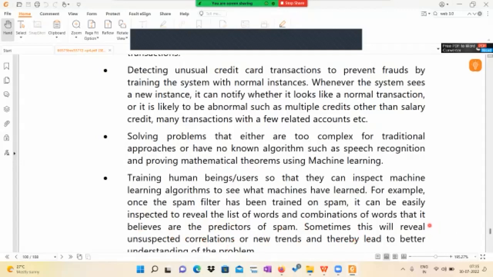As you know, for the purpose of development of artificial intelligence technology, machine learning is used. While training the machine, the human users come to know what kind of patterns the software recognizes, and what more patterns it has to recognize.